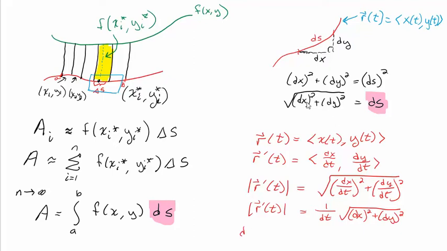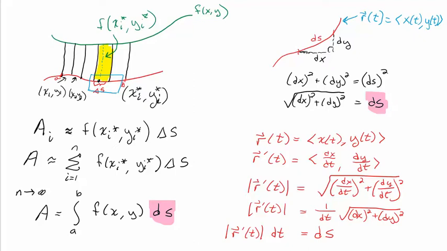So if I multiply both sides by dt, I'd have the magnitude of the derivative at t, times dt, equals the square root of all this stuff, which is ds. Maybe I could use that for my ds.